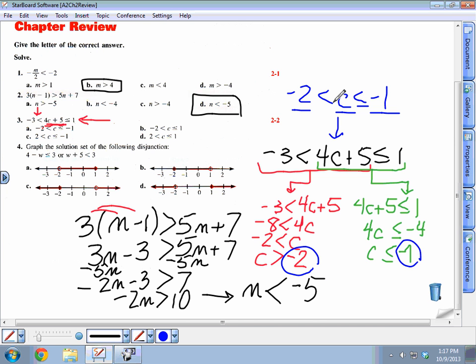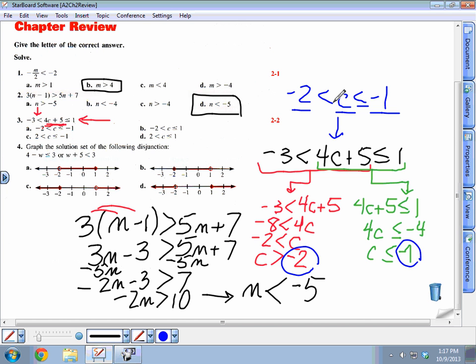Does anybody have a clue? Which ones look like disjunctions? These look like disjunctions down here, don't they? Doesn't that mean or?